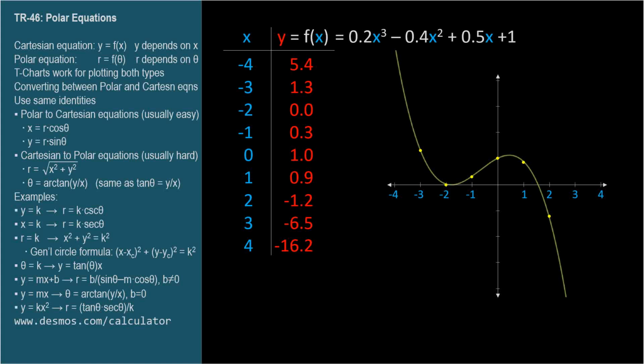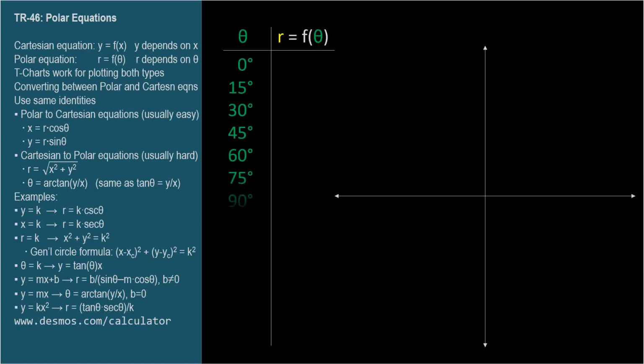The resulting ordered pairs could be plotted to denote points on the equation's graph. We can do the same thing with an equation in polar form. We list different values for the independent variable theta, then, using the function we're intending to graph, calculate the value of r, the dependent variable, corresponding to each value of theta.